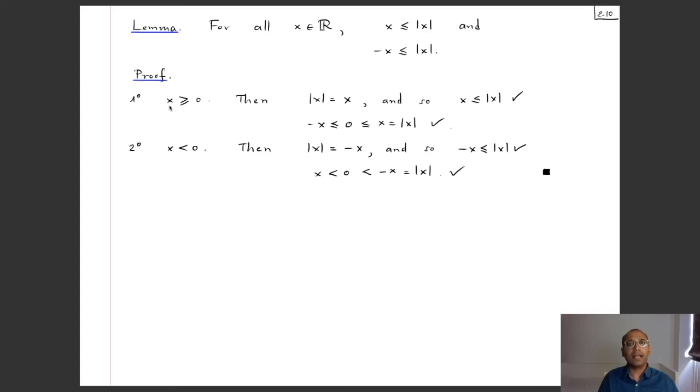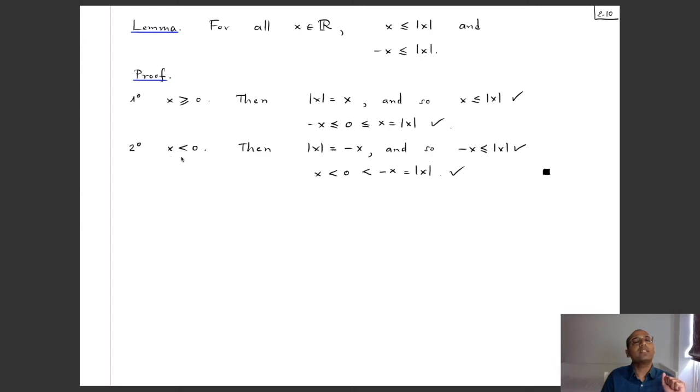And since x is bigger than or equal to 0, if I rearrange this, bring x to this side, I have minus x is less than or equal to 0, and that's less than or equal to x because x is bigger than or equal to 0, so that's why this inequality is true. But x is mod x in the case when x is bigger than or equal to 0. So we have also got that minus x is less than or equal to mod x, so the second thing is also true. So we are done in the case when x is bigger than or equal to 0.